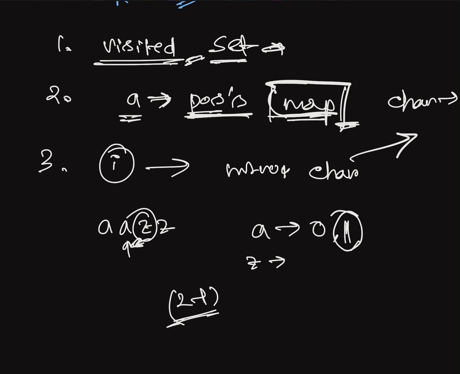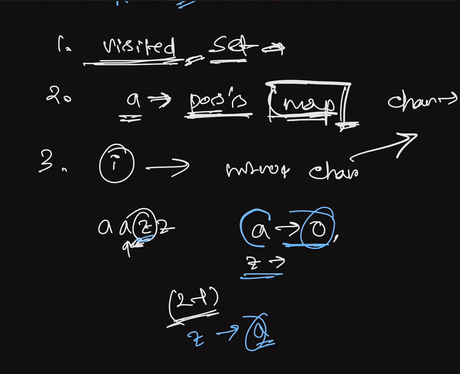If I handle the map smartly, I do not need the visited set also. How? Whenever I take any index, I just remove it from the map. Now our map contains only a, last position 0, and z I have already taken, so it will not be stored. And next is again z, so the mirror character is a.